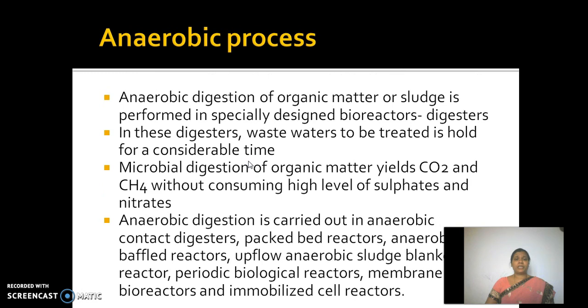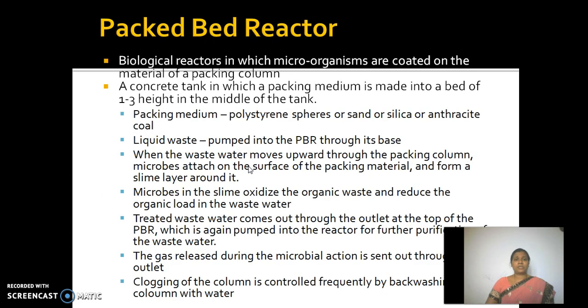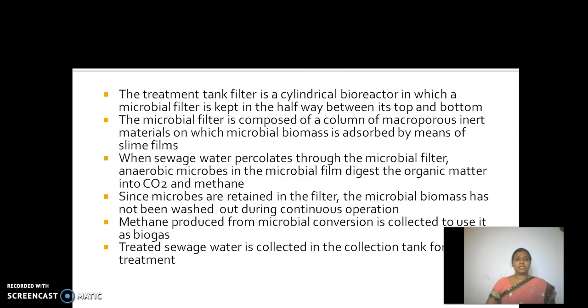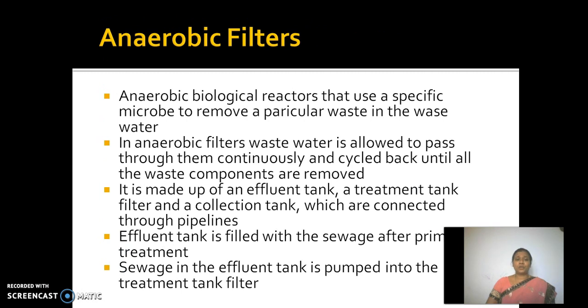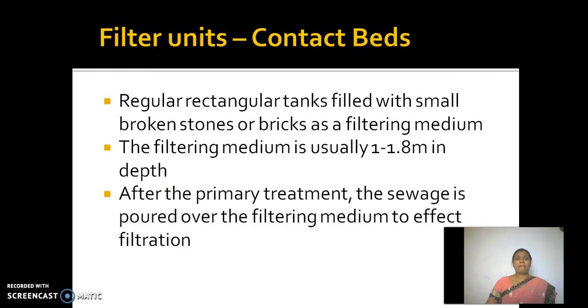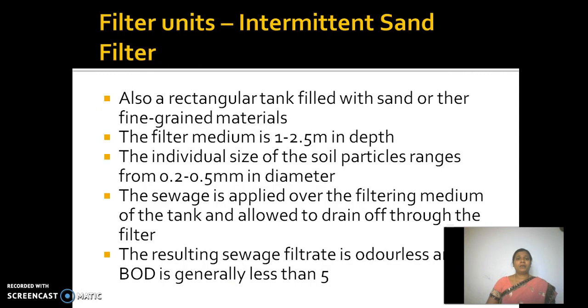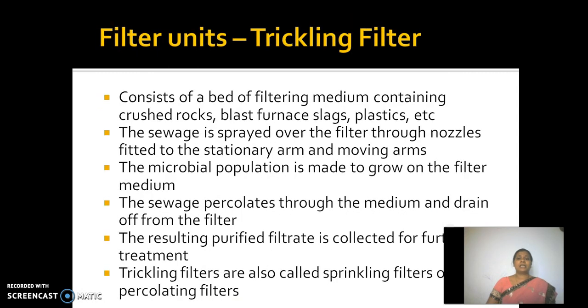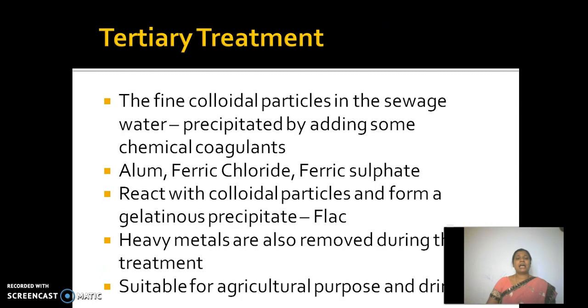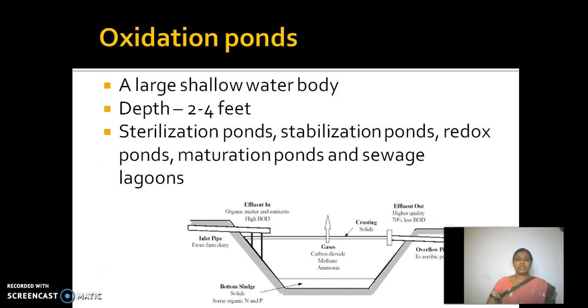And we use different reactors, an anaerobic process that includes packed bed reactors in which microbiomass is used, biofilms are used, biofilters are also used, anaerobic filters, and then filter units, for example contact beds, intermittent sand filters, and then trickling filters we discussed. Under tertiary treatment, we discussed two methods.